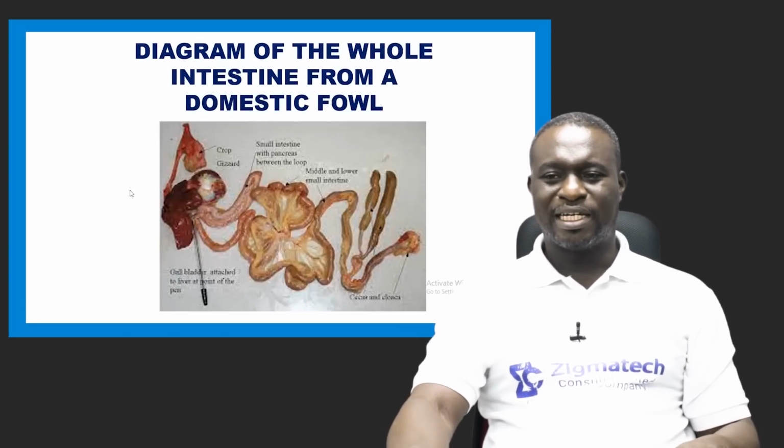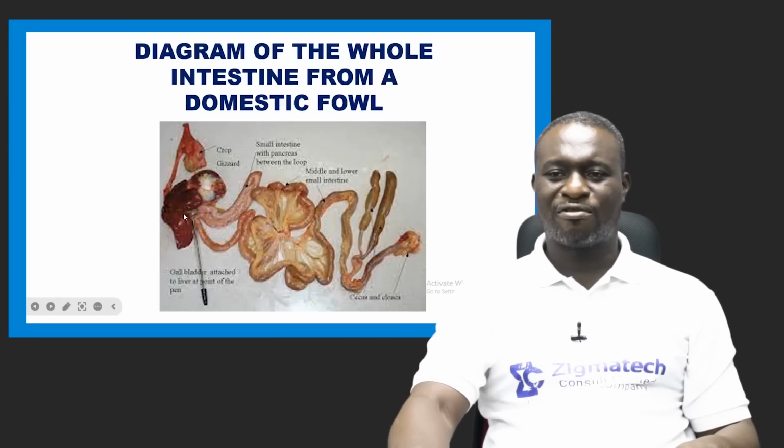Now you can see a diagram of the intestine of domestic fowl. You can see there we have the gizzard. You can see the liver, okay? The liver very close to the gizzard. You can see the crop there labeled. You can also see underneath the liver, we have the gallbladder that is attached to the liver.